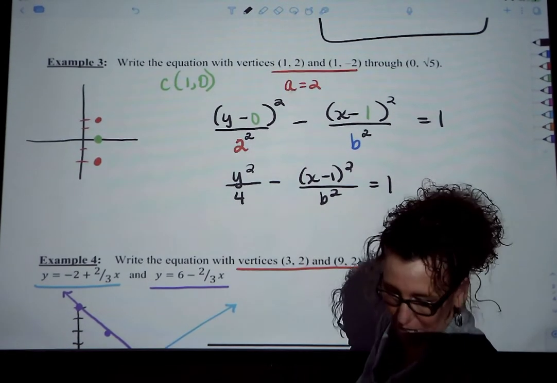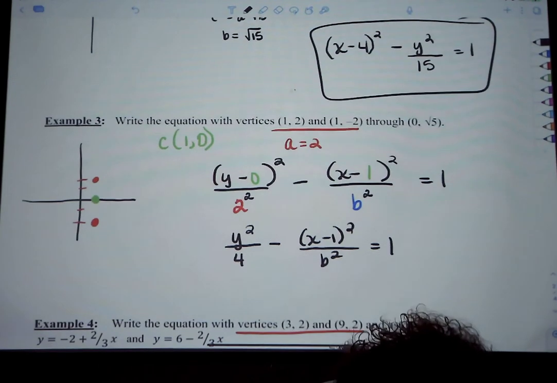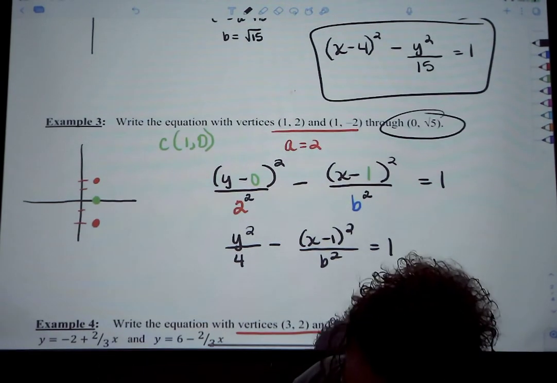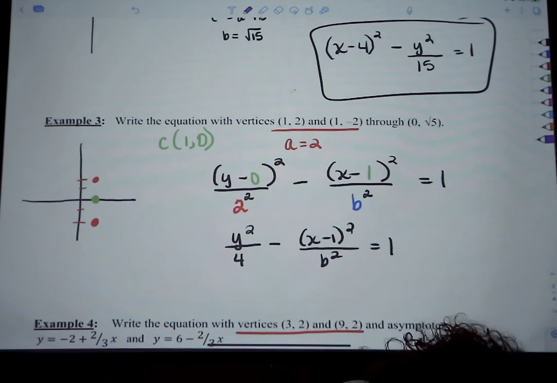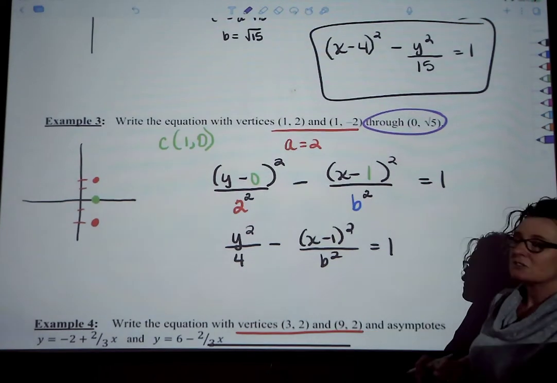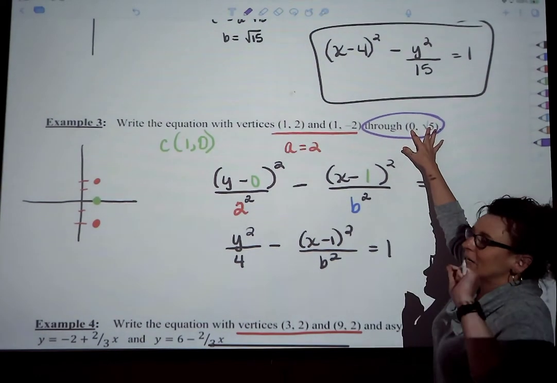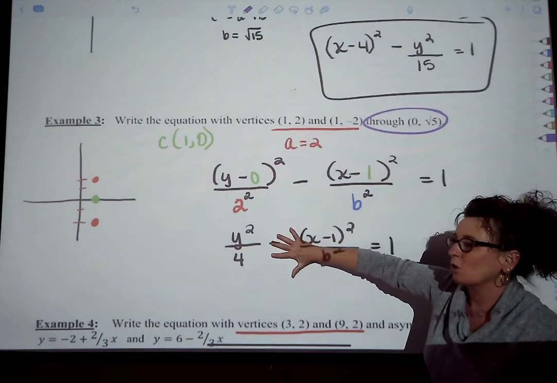We've got information that we haven't used. We have this point right here. So I have a nice XY combination that should work in this equation.